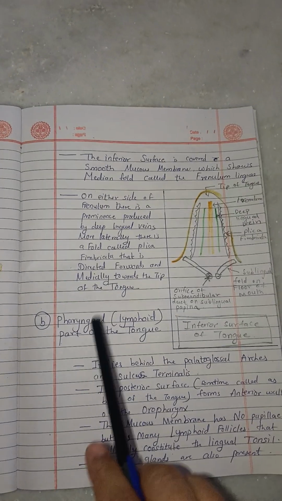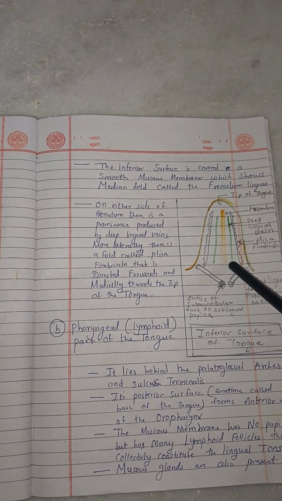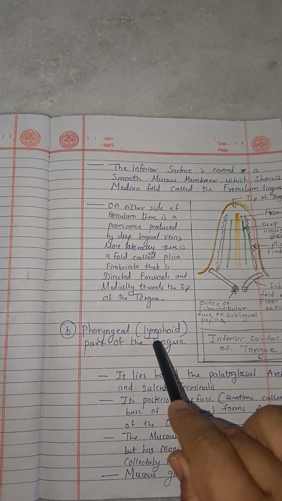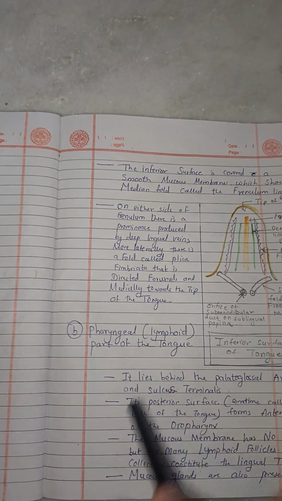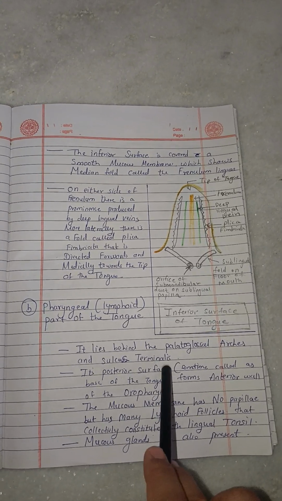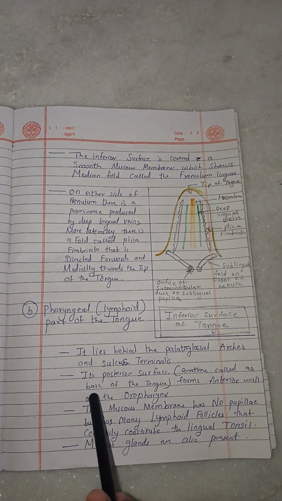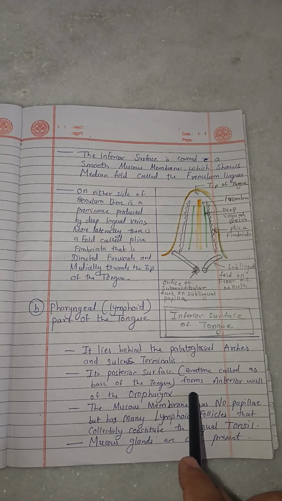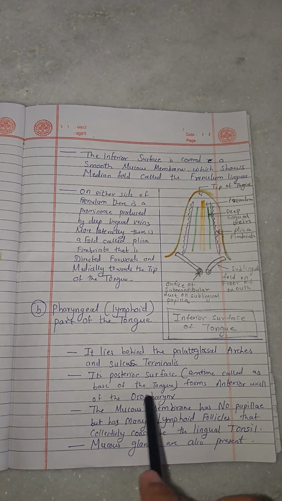Now we will come to the pharyngeal part. This was the inferior part of the tongue, and now we will go to the pharyngeal part, that is the posterior 1/3 of the tongue, which is also called the lymphoid part. It lies behind the palatoglossal arch and sulcus terminalis. Its posterior surface is sometimes called the base of the tongue. The former interior wall forms the anterior wall of the oropharynx.